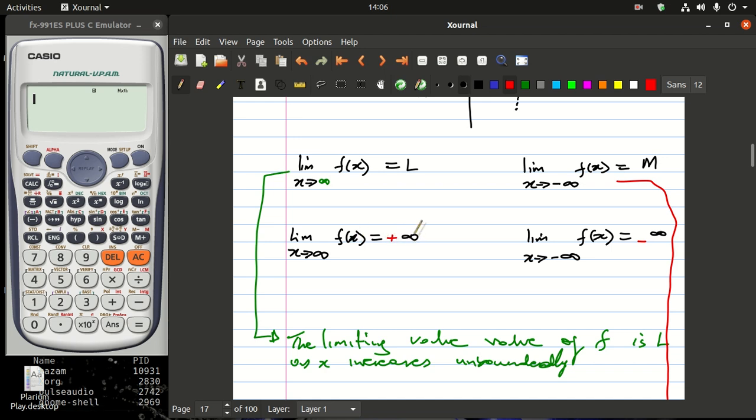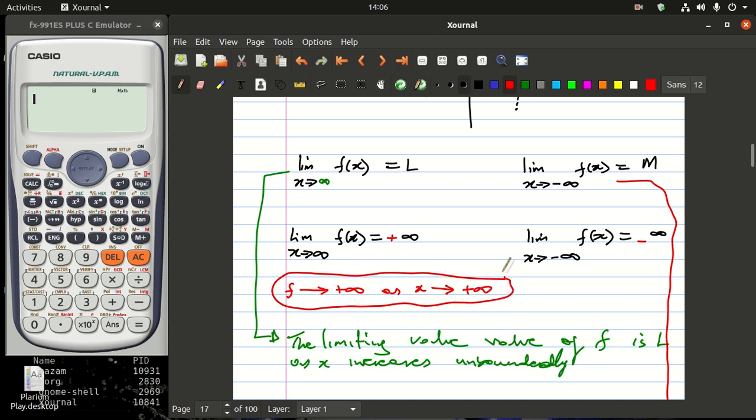Someone might say it's not converging to some value because this is getting bigger and bigger. So f of x is diverging as x increases unboundedly. Or someone might just say f is approaching positive infinity as x approaches positive infinity. This is also another way to say the same thing, right?